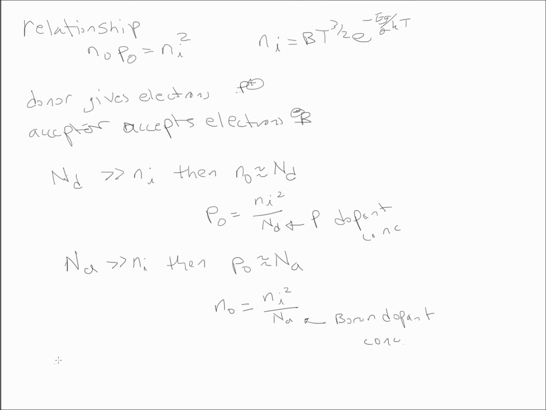And some last terminology. If you have an N-type semiconductor, which has a donor atom, phosphorus, added to your silicon, then electrons are your majority carrier, and the holes are your minority carrier.